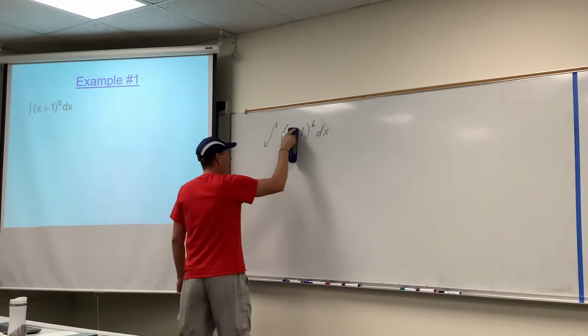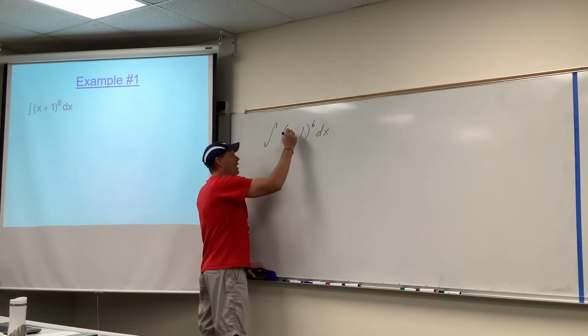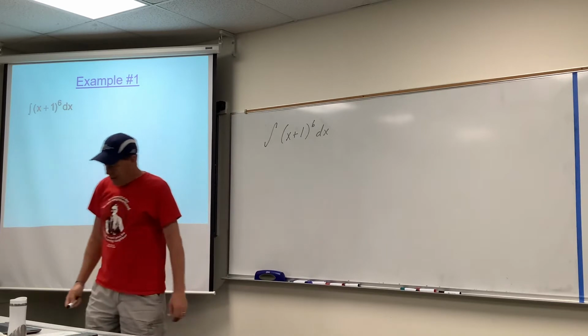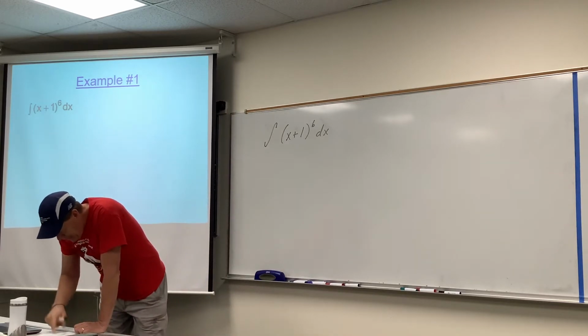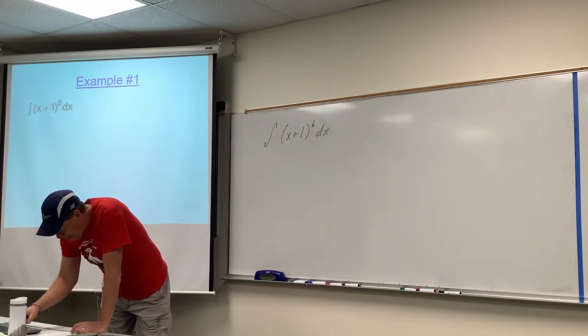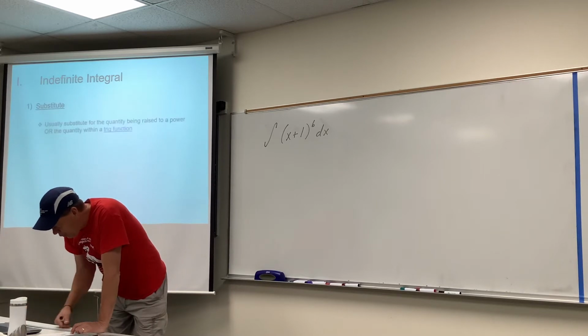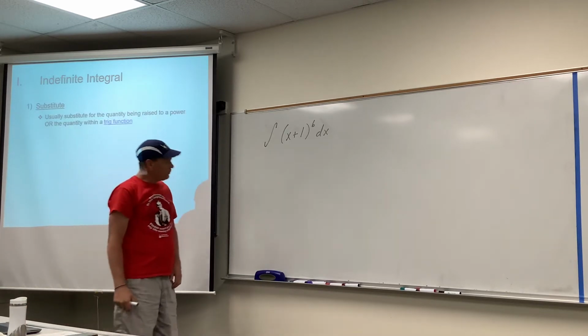And just like anything that's brand new, I think it's my job to talk it through, and then hopefully it'll make sense. But here's the idea. If you go to Roman numeral number 1, now this is back to being an indefinite integral, so therefore we don't have limits of integration. And so substitute.